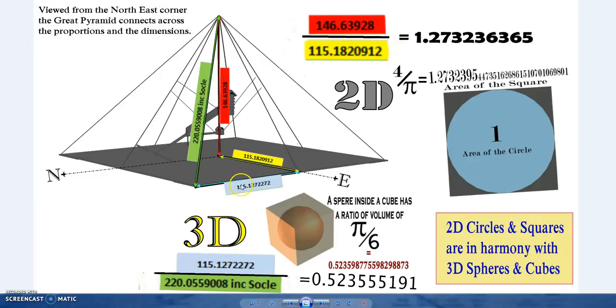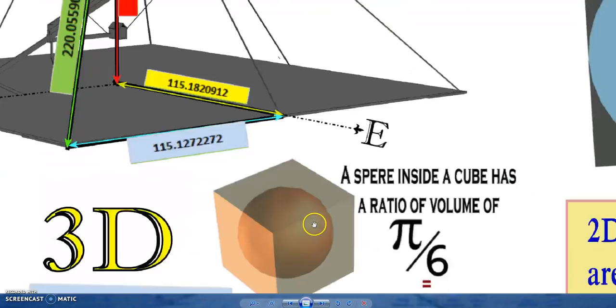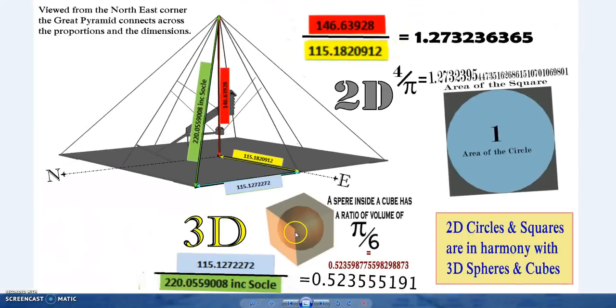But what we have is this 0.5236, which is the ratio of a sphere in a cube, three-dimensional. But also on this corner, from the tip to the very center, you see this cross section, this triangle here, the ratio there is 1.273236. Well, that's 4/pi, which is the ratio of area of a circle in a square.